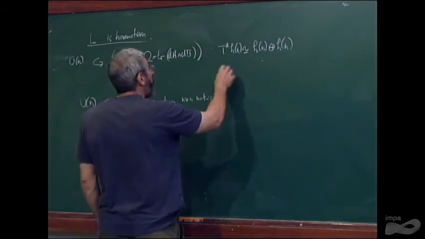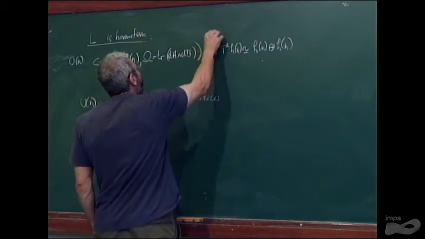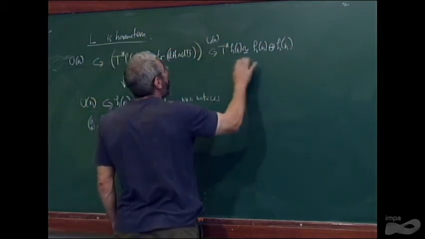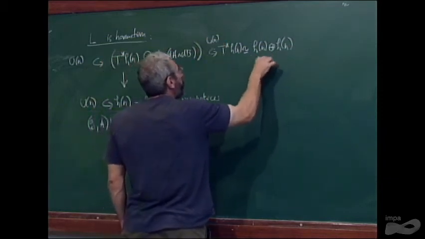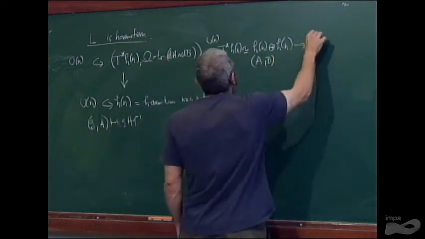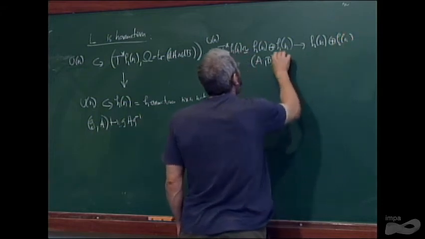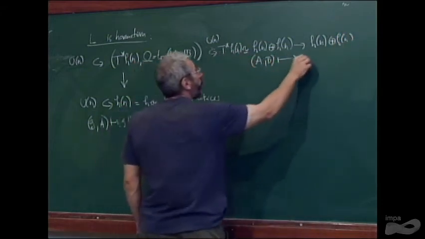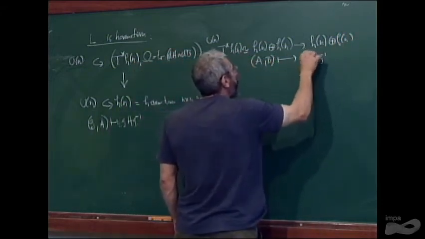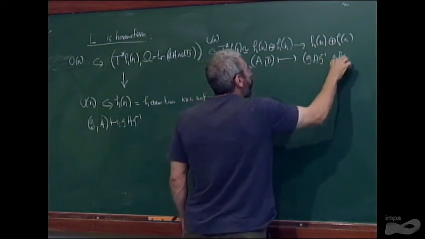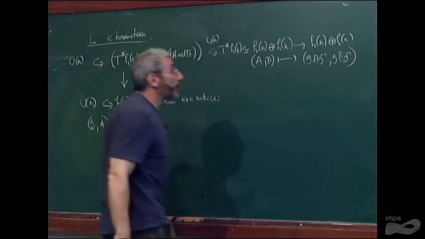So here we have the action of Un, which takes (A, B) into (gAg^-1, gBg^-1).